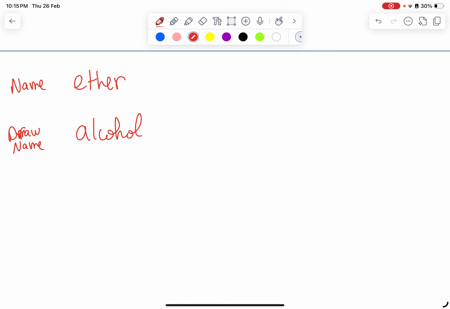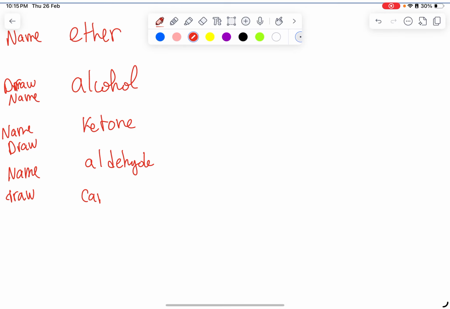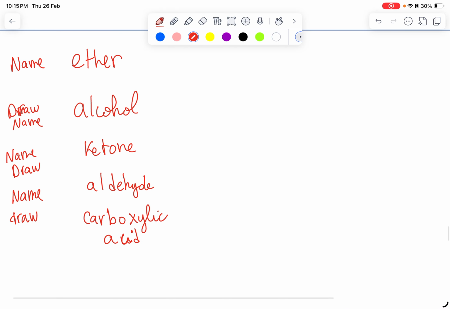Now, you also need to name and draw ketone and aldehyde. And you also have to learn how to name and draw a carboxylic acid. So basically these are the ones.